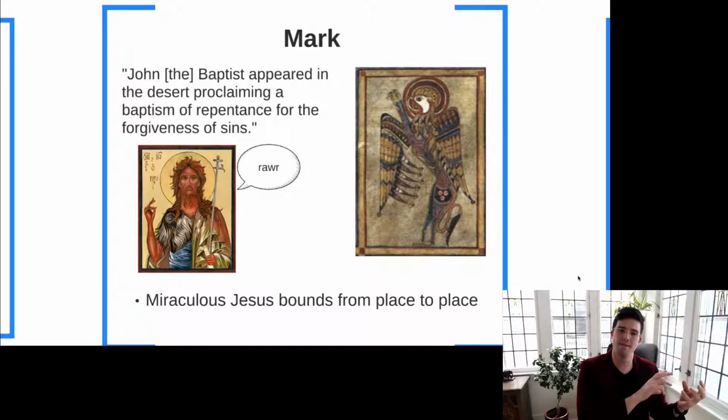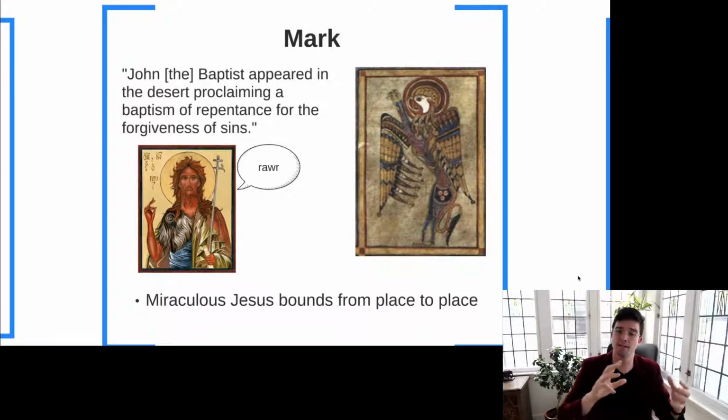The link Christians made here is that just as John the Baptist is out in the wilderness loudly proclaiming, as a lion might be out in the wilderness loudly roaring. This is the connection to the figure of the lion.